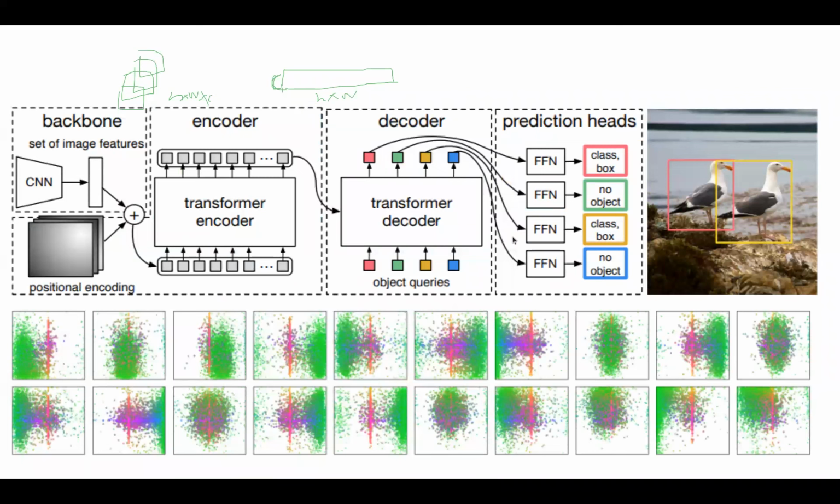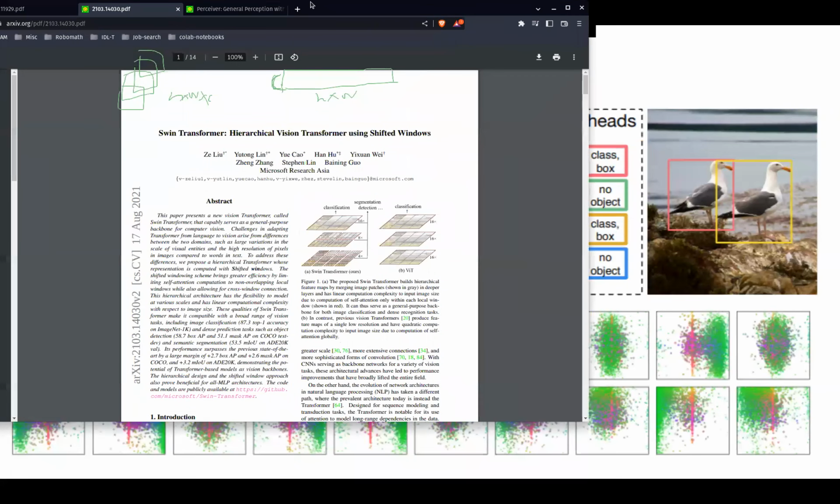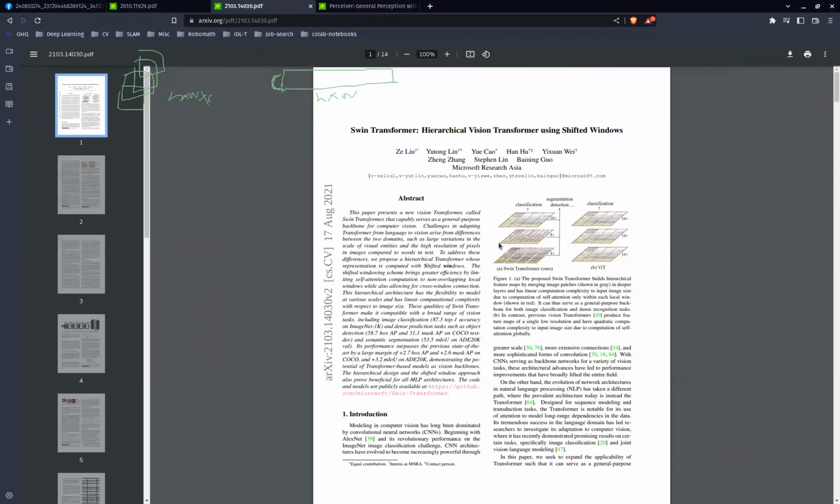I've rushed this because when you go into detail, there's a lot there. I briefly wanted to mention two other architectures you should know about. There's the Swin transformer architecture, where they use shifted windows.